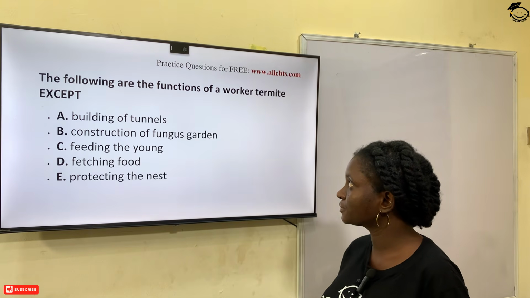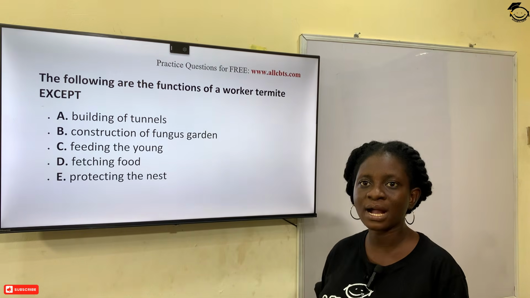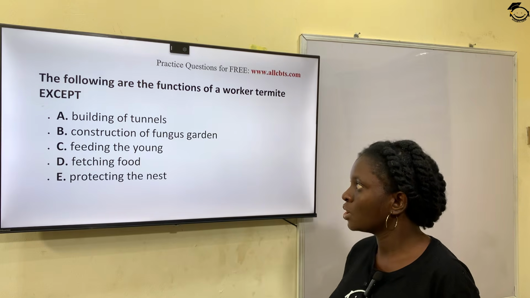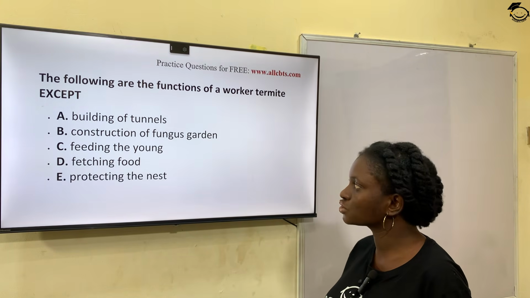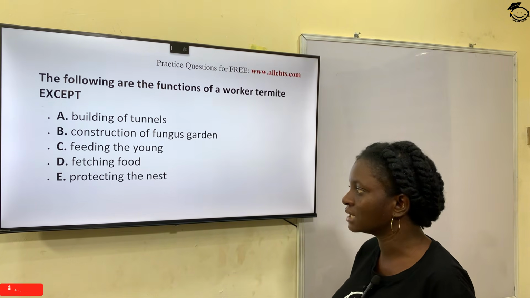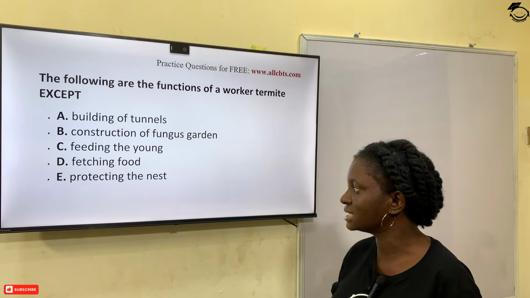Next question. The following are the functions of a worker termite, except: what do worker termites do? Option A, building of tunnels. B, construction of fungus garden. C, feeding the young. D, fetching food. E, protecting the nest.